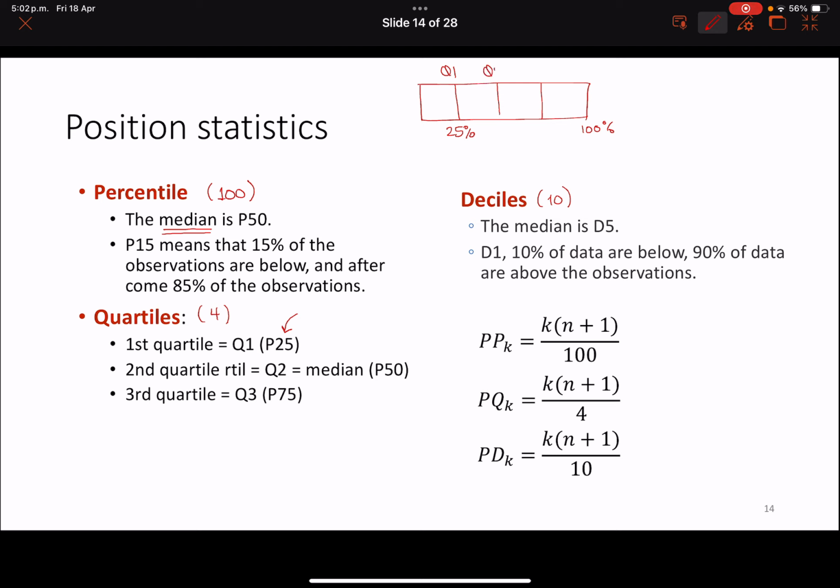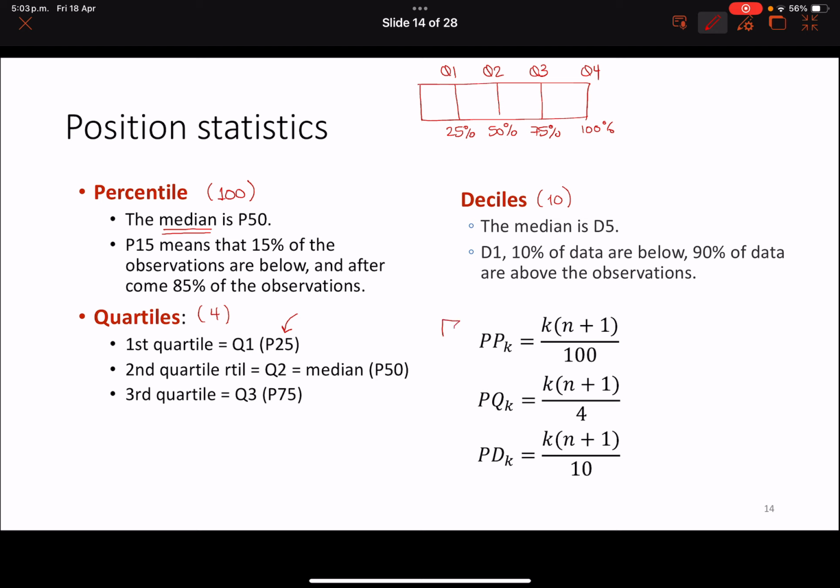I have here Q2, which is 50%. I have Q3, which is 75%. And then I have Q4, which is 100%. In deciles, I'm splitting it up in tenths. So D1 is 10%, which means 10% of the data are below, and 90% of the data are above your observation.